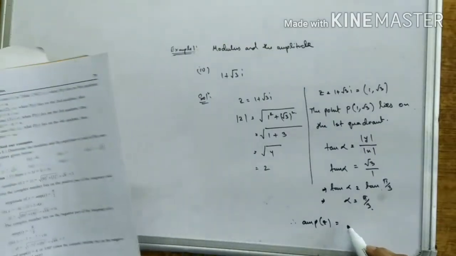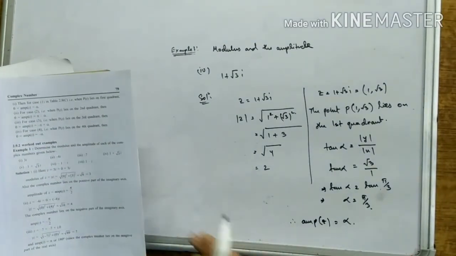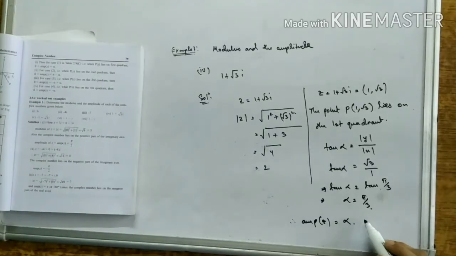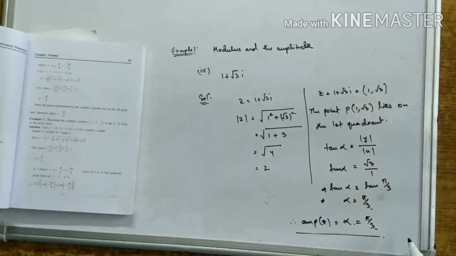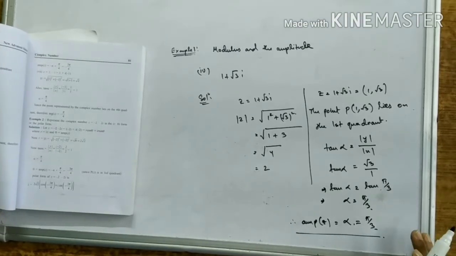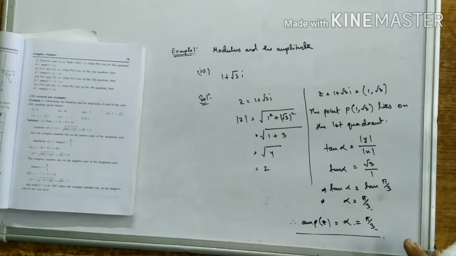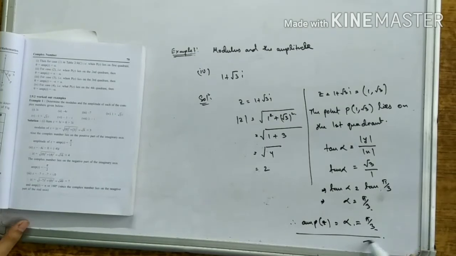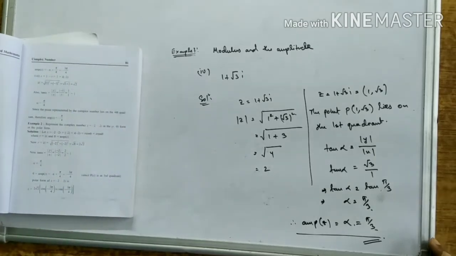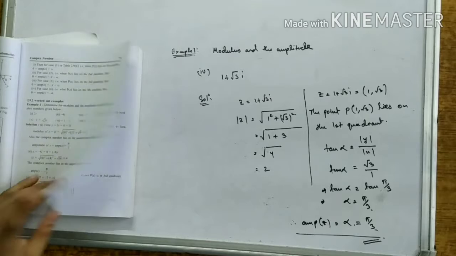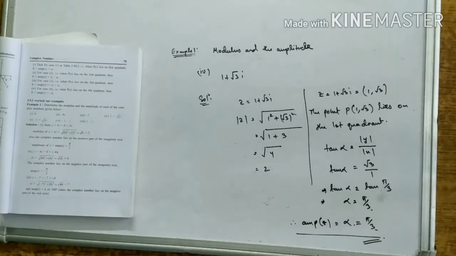So I can write amplitude is equal to alpha, which is equal to pi by 3. Pi by 3 you can write, or 60 degrees you can write. So this is how we calculate amplitude or argument. Understand? Amplitude of Z or argument of Z.